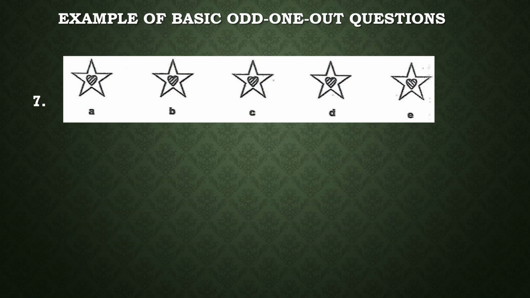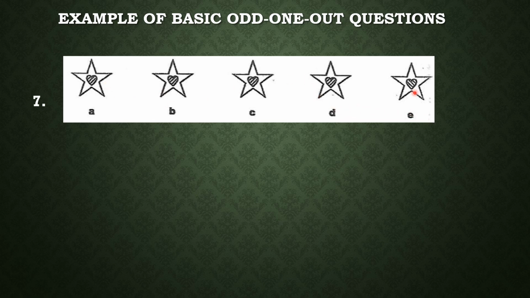Now let's have a look at the next example. So in this example, if we see, all options have a star as an outer shape, and the inner shape is a heart. But if we look closely, in options A, B, C and D, the shading inclination is from left to right.